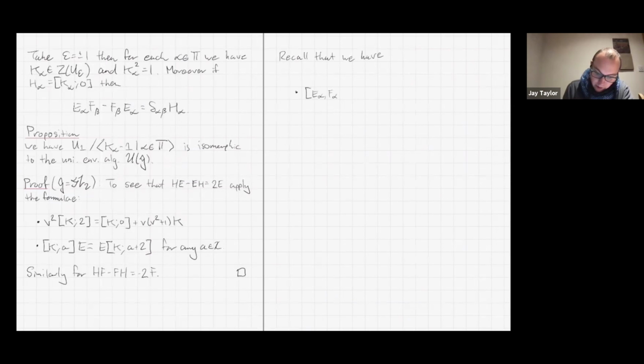If we take the commutator of E alpha and F alpha to the S, it's going to be S alpha, right, and then we can look at it the other way around.